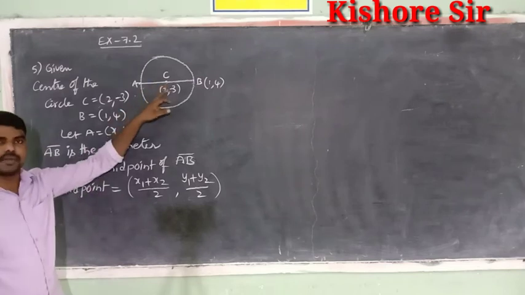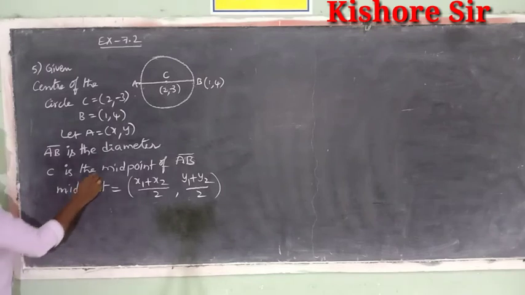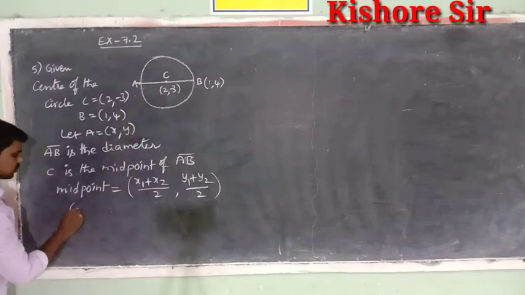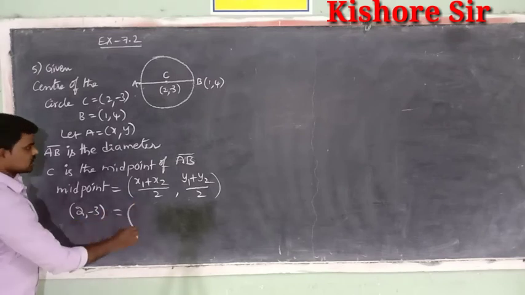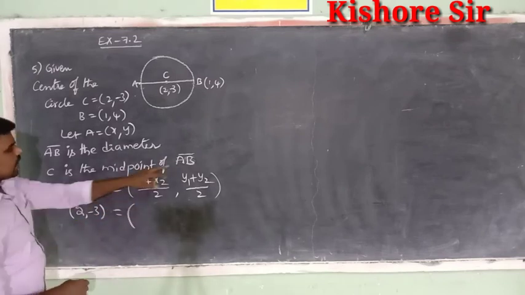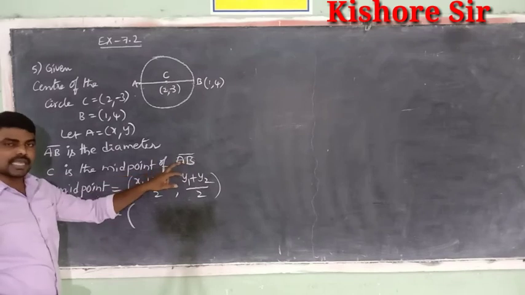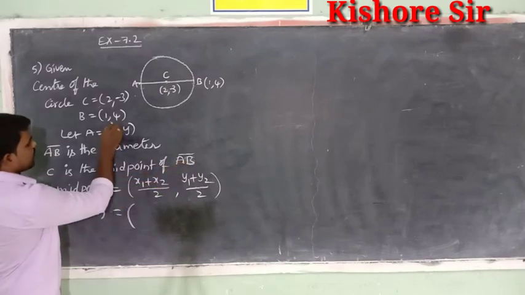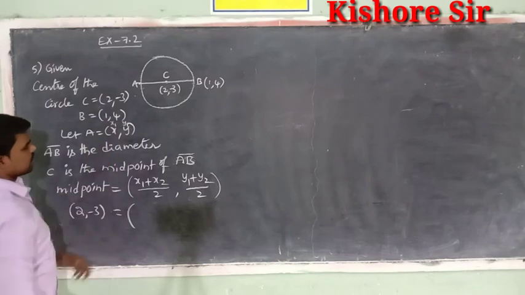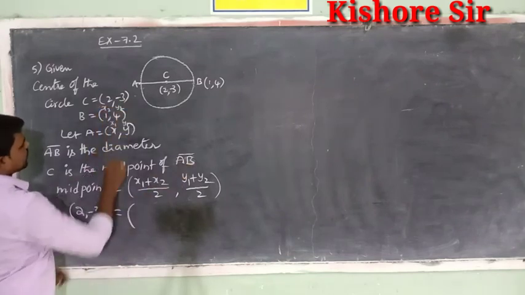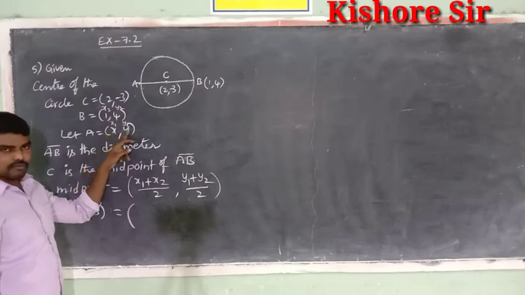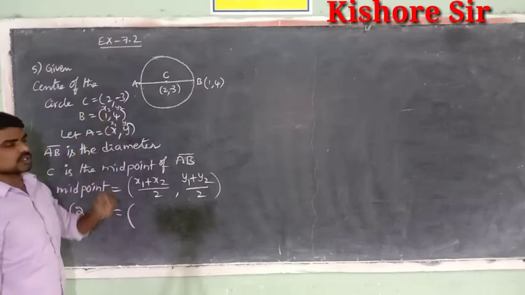C is the midpoint. So right here, the coordinates of C are 2, minus 3. This is the midpoint of AB. So now AB, first point A is x1, y1 and second point B is x2, y2.